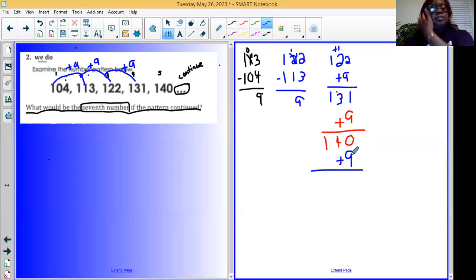Okay, you add that together. And this is going to give us our sixth answer. So this will be the sixth. So 9 is our rule. Our rule is plus 9. You just add 9 to each number.